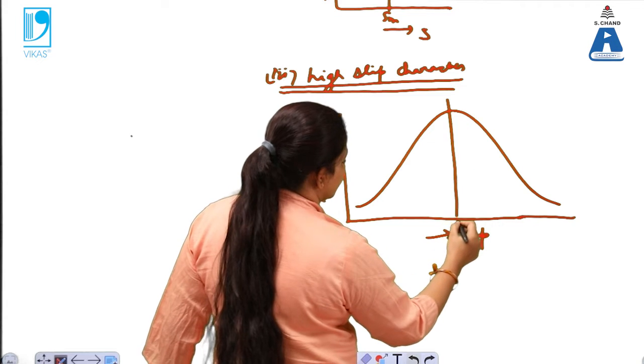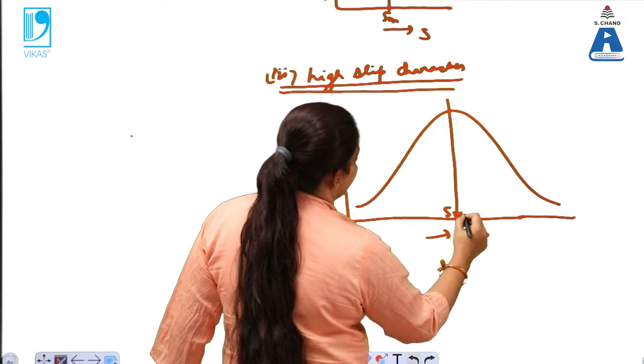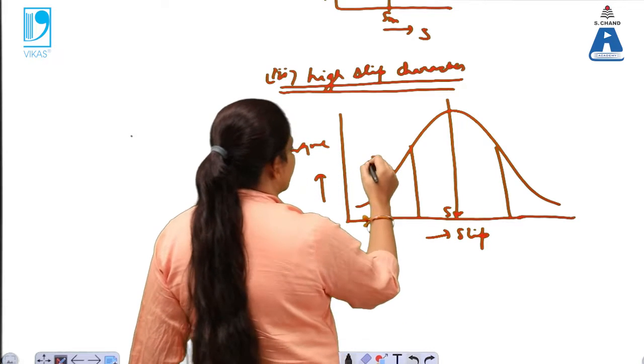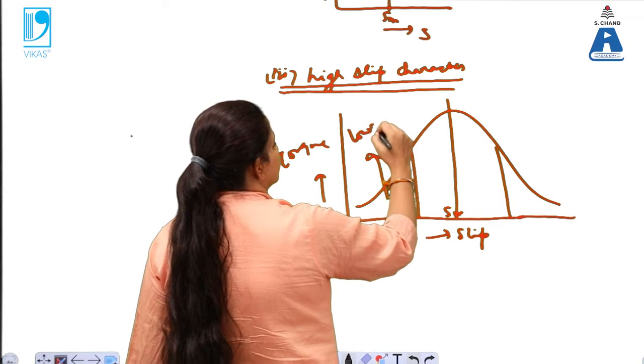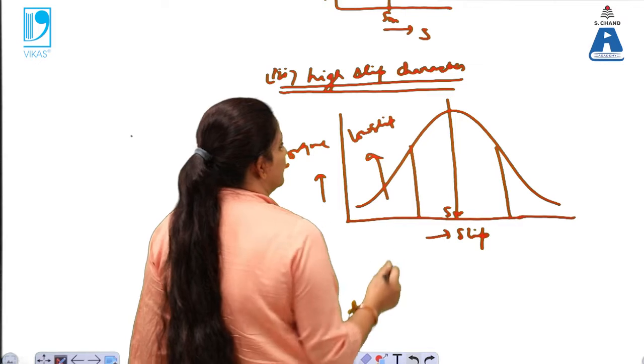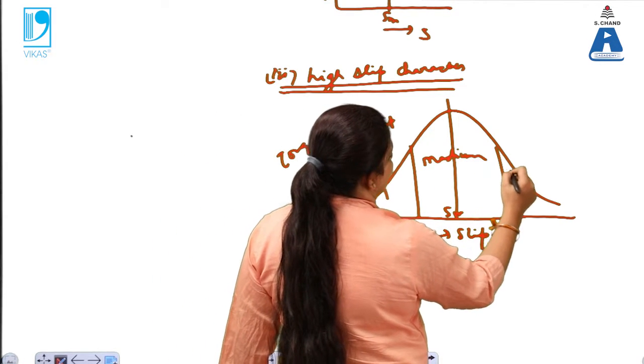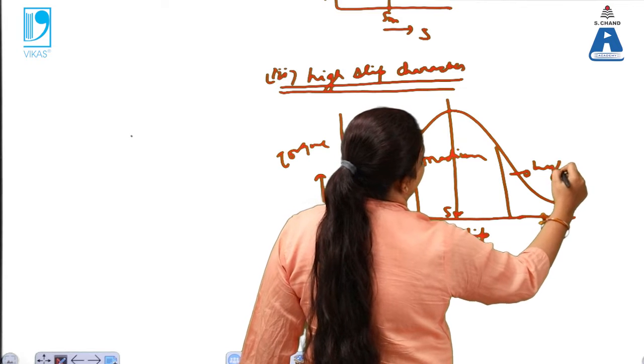Here this is SM. Firstly this region is called the low slip characteristics, this is called the medium slip, and that is the high slip.